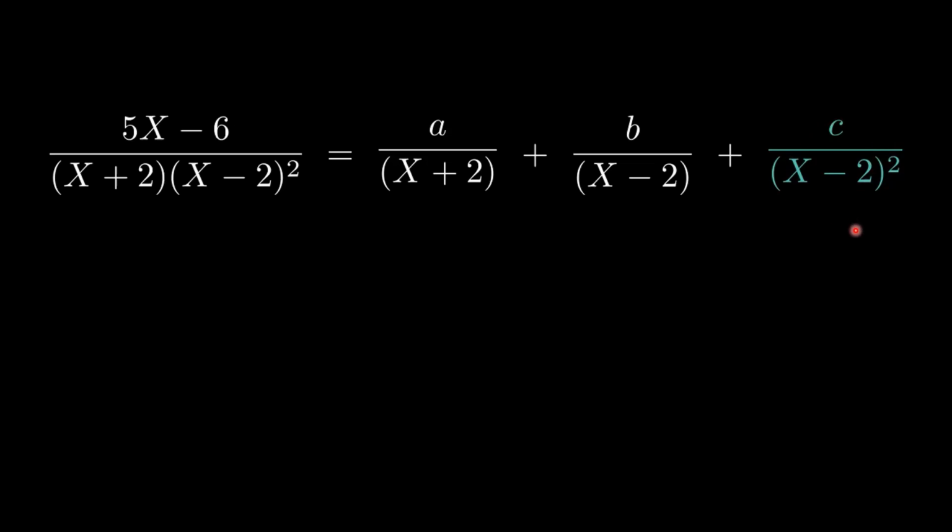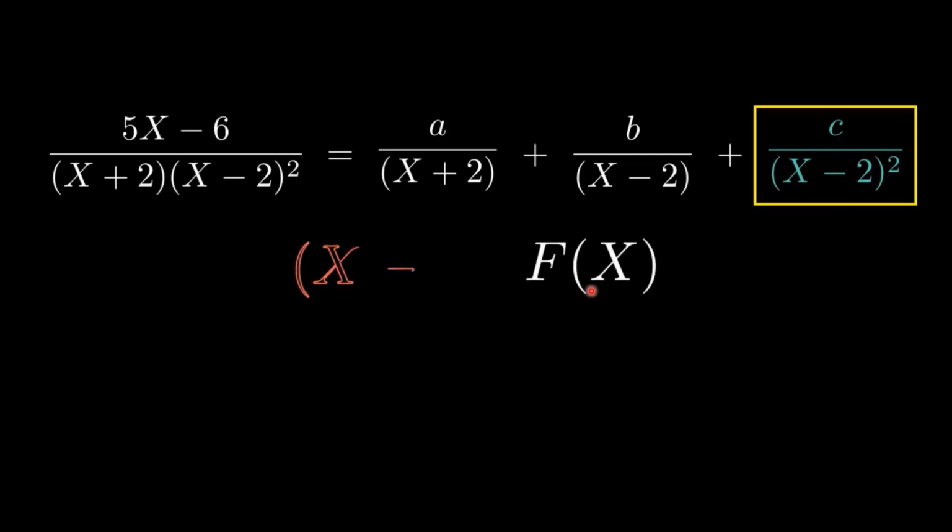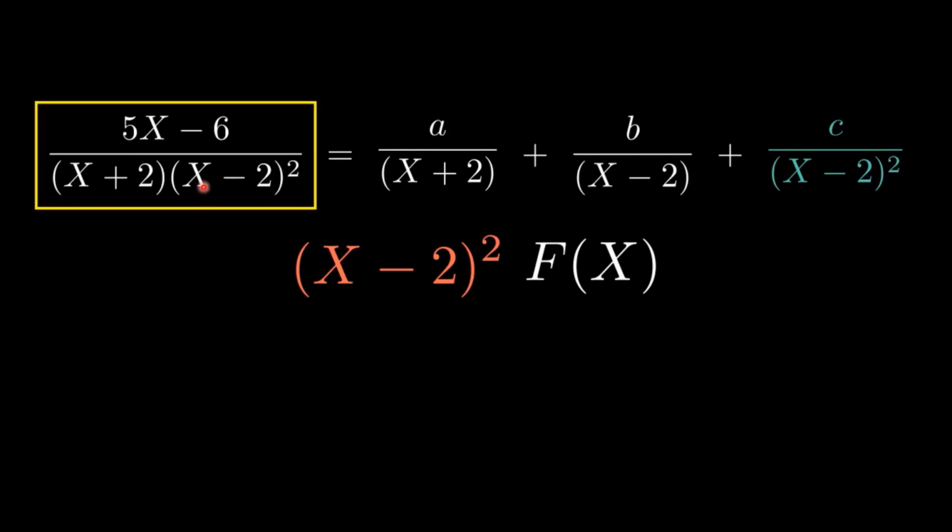Now we will look for c. By what factor do we multiply the fraction to make the polynomial below c disappear? Here we multiply f of x by x minus 2 squared. For the first fraction, we simplify by x minus 2 squared.